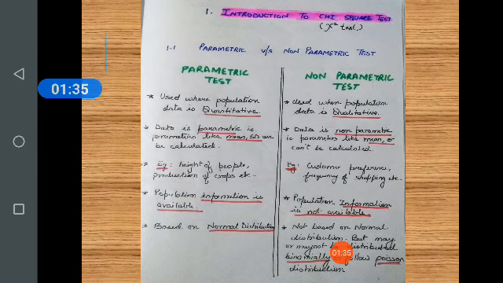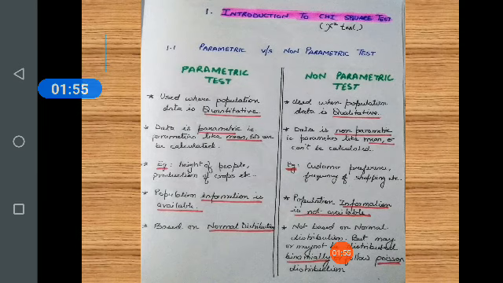When we talk about the non-parametric tests, we can say that the data in this case is qualitative or it is subjective, or we can say that the study is conceptual in nature. The data is called non-parametric as the mean and standard deviations cannot be found.